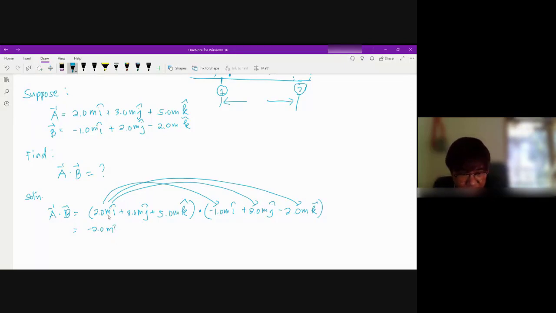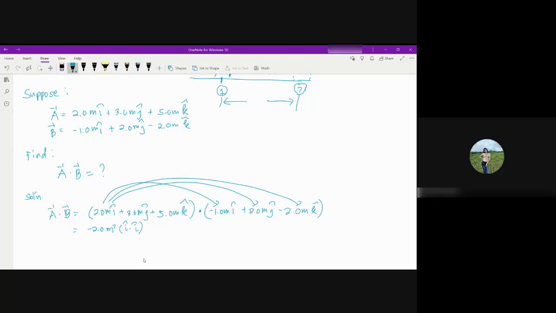You have meter times meter. Then positive 2 times negative 1, that's why negative 2. Then you have i dot i. So we will just copy it, because we don't know yet what i dot i is. Can you follow?